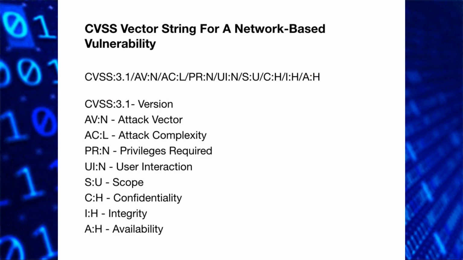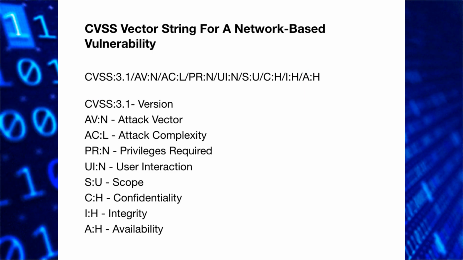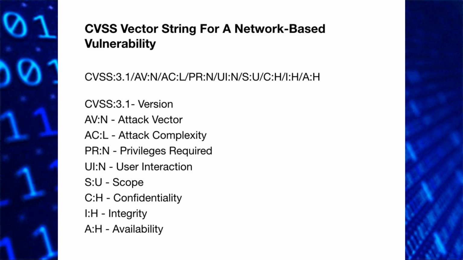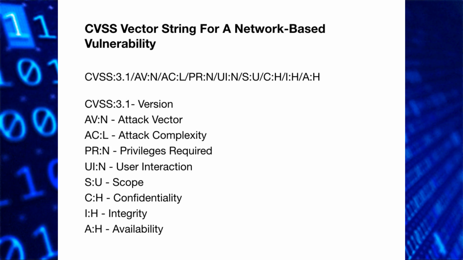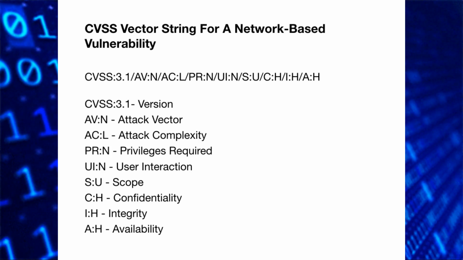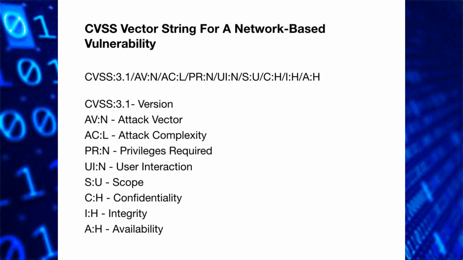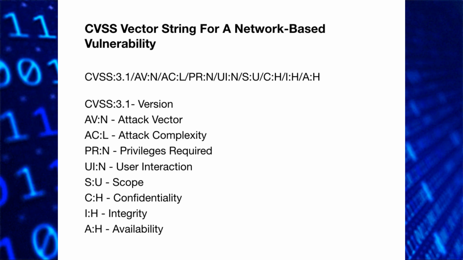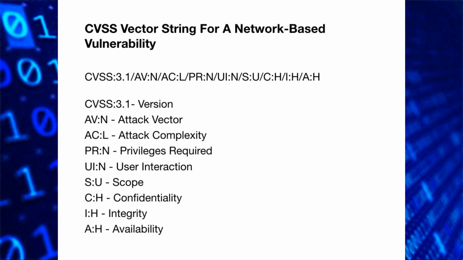Let's recap. The CVSS vector string starts with the version number. AV:N is attack vector network, or A is adjacent, L means local, P means physical. AC:L is attack complexity low, can be low or high. PR:N is privileges required none, can be low or high or none.